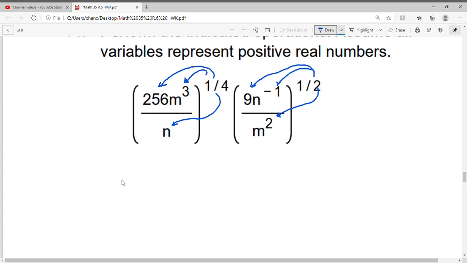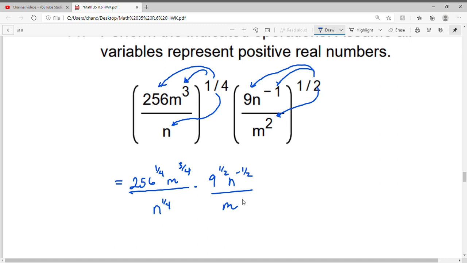I can rewrite this as 256 raised to the 1/4, m raised to the 3/4. 3 times 1/4 is 3/4, over n to the 1/4. We're going to multiply that now by 9 to the 1/2, n to the negative 1/2, over m. 1/2 times 2 is 1, so we'll leave it as m.